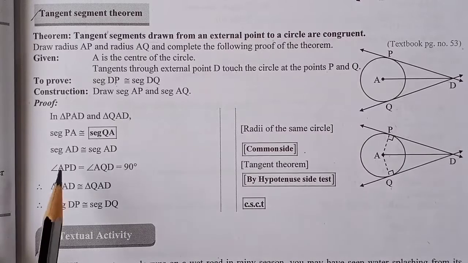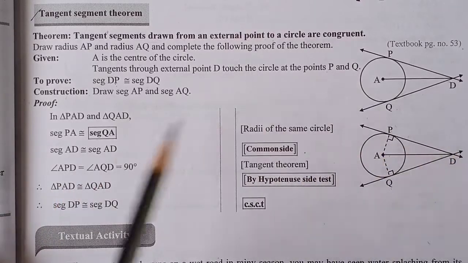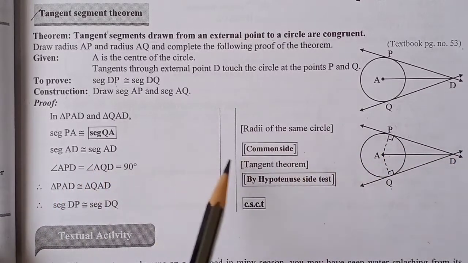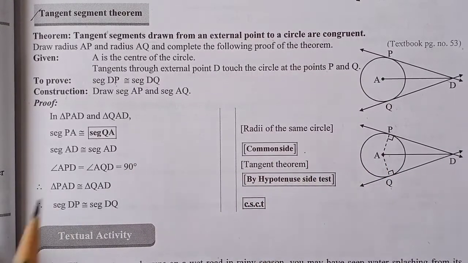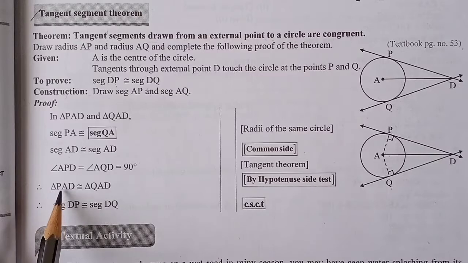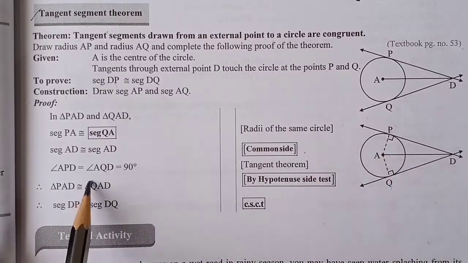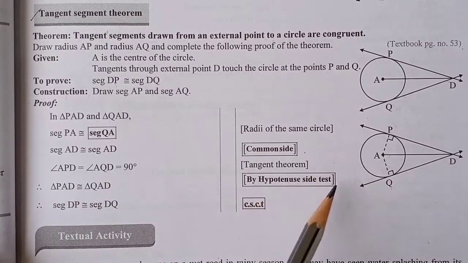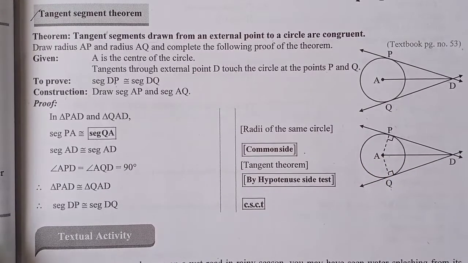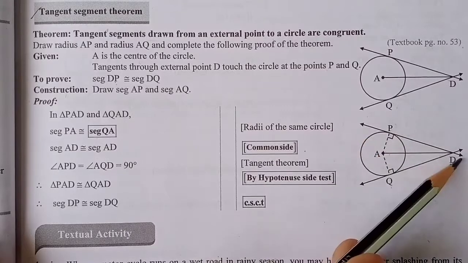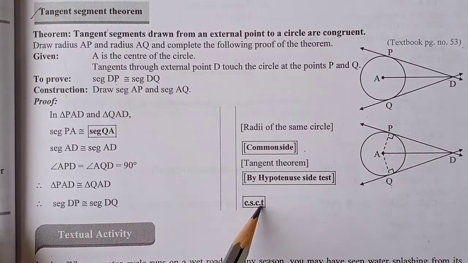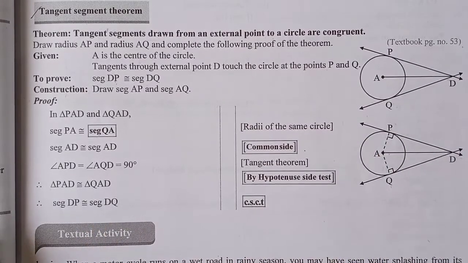And angle APD is congruent to angle AQD. The reason is the tangent theorem, as I already told you. So by using this you can say that triangle PAD is congruent to triangle QAD by the hypotenuse side test. Therefore segment DP is congruent to segment DQ, by CPCT, corresponding parts of congruent triangles.